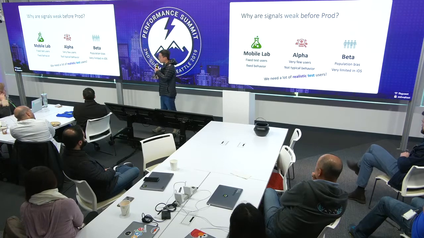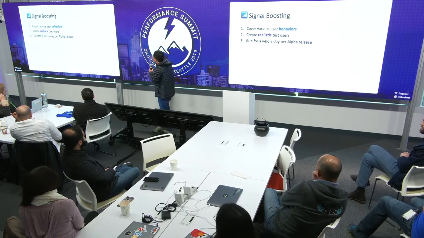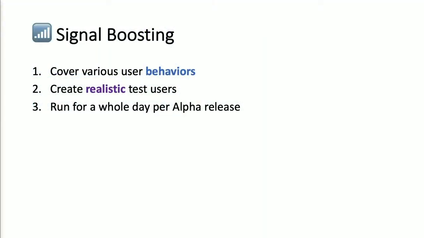So what's the proposal here? Can we try to generate some realistic test users? They're not real users, but good test users. So here's a project called Signal Boosting, started recently. The idea is that if we can address these issues, if we can cover various real user behaviors in the test users, and if we can create realistic test users, they don't have only one friend, send one message, but behave like a real user with more realistic data.